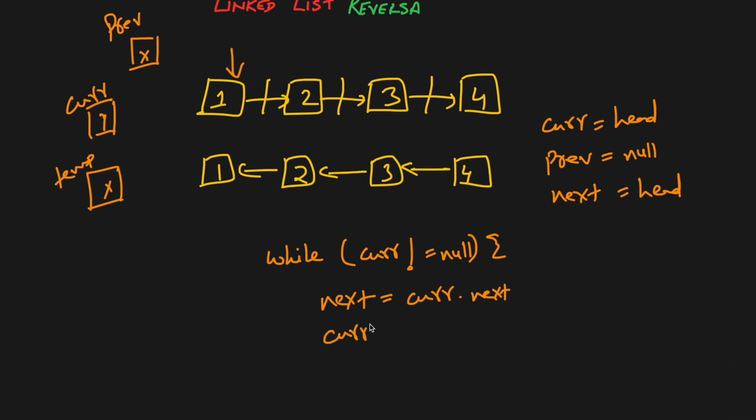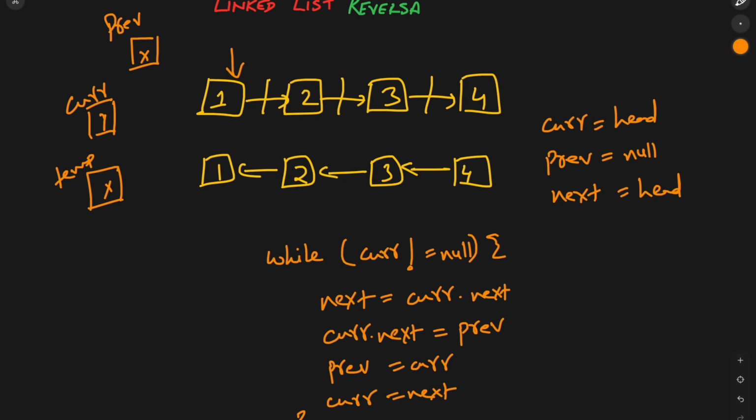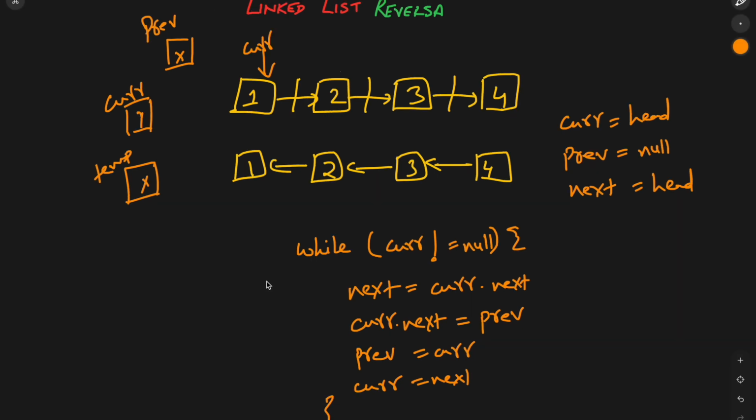Then we will do current.next equals previous, and at the end we'll do previous equals current and current equals next. So let us now trace this algorithm and see how it works.